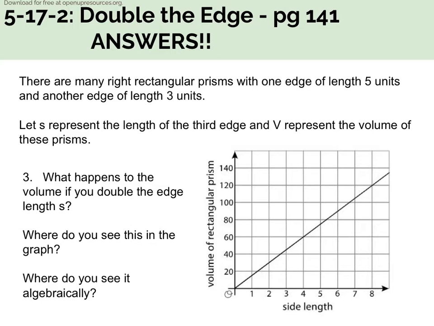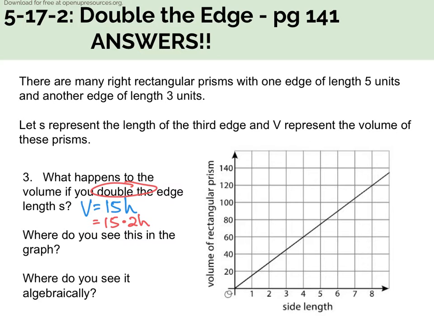So let's think about this. Our original equation is volume equals 15 times H. And what they're thinking about is if I take that side length and double it, it's pretty much like 2H. So what I'm going to have is 15 times 2H, because I'm doubling that edge.